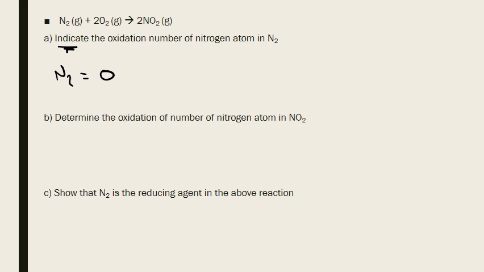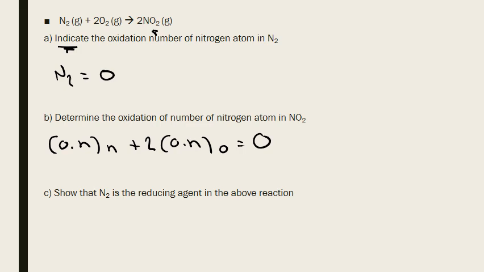Then it says determine the oxidation number of nitrogen atom in NO2. Therefore it says determine, so we have to use calculation. So the oxidation number of nitrogen plus 2, because there are 2 oxygens, we have to write 2, times the oxidation number of oxygen equals 0.